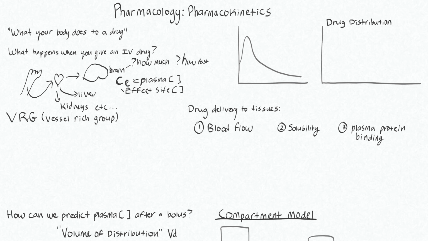So again, where is the drug going when we give it by IV? We have this group of organs called the vessel-rich group, and that is the brain, which is good, the heart, liver, and kidneys, as well as the adrenals. So this group of organs receives a lot of blood flow.